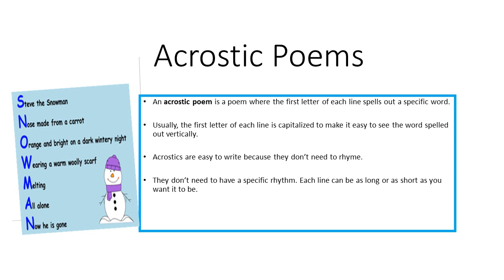Pay careful attention though: although there are not a lot of rules about the rhyme or the rhythm, it's still important that you are mindful of your language use and of your descriptive words. In this poem, they use lovely descriptive words: orange and bright on a dark wintry night, wearing a warm woolly scarf. So don't forget to be creative about your word choice.